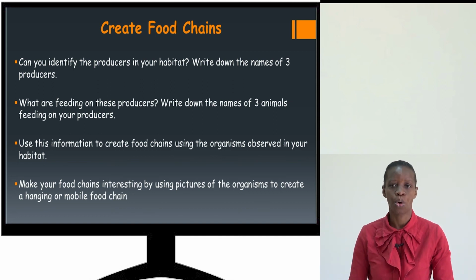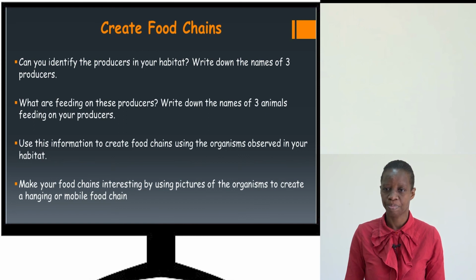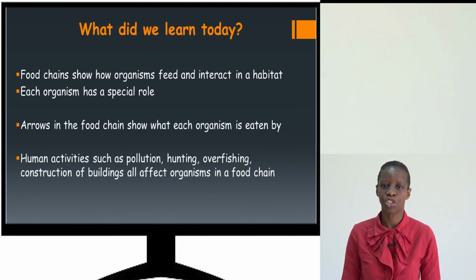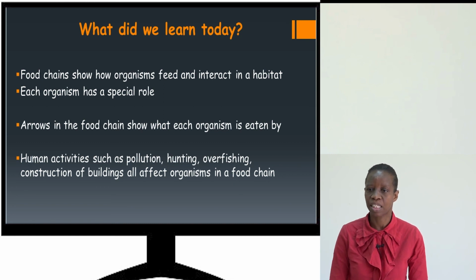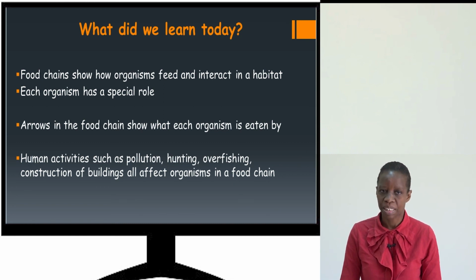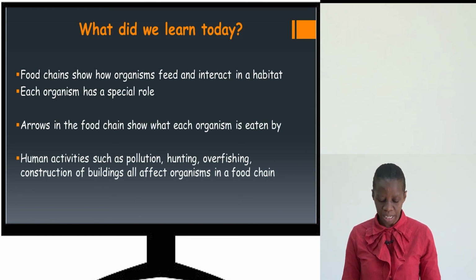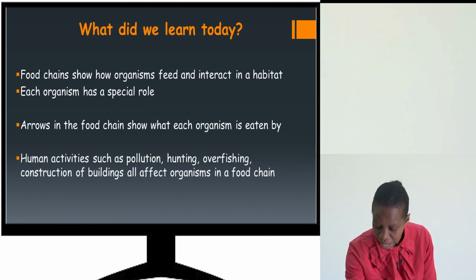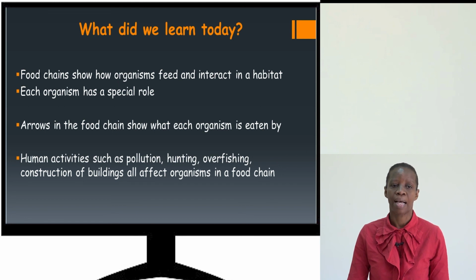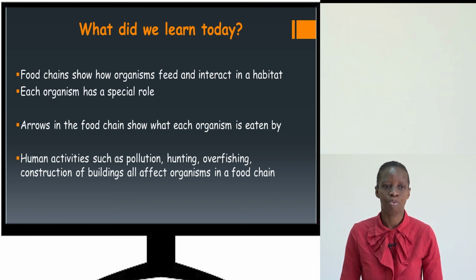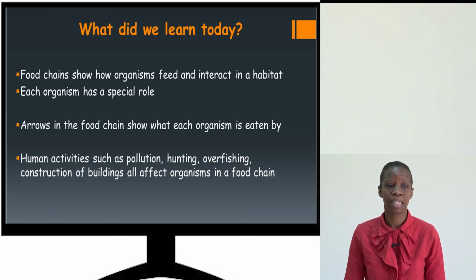All right, so what did we learn today? We're reminded that food chains show how organisms feed and interact in a habitat. And of course, as we pointed out, each organism has a special role, and so that can be represented, right?